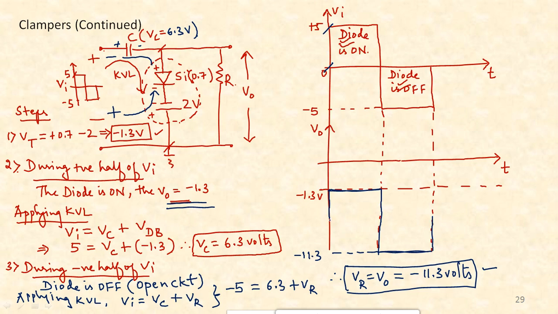Okay, fine. Now can somebody tell me what is this middle level? What should be the value, students? Minus 6.3. Minus 6.3, exactly. So that's the clamped output. Now by what amount has the output signal got clamped? That is the question.